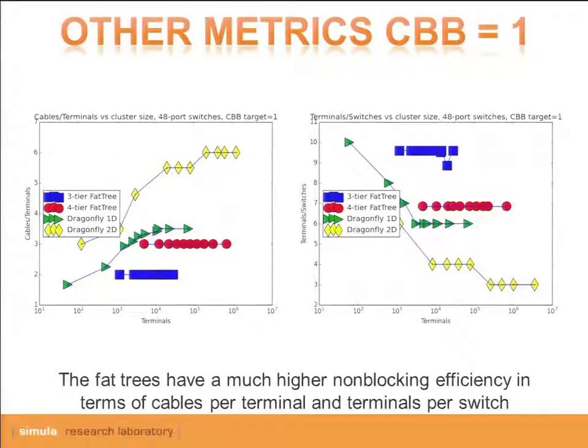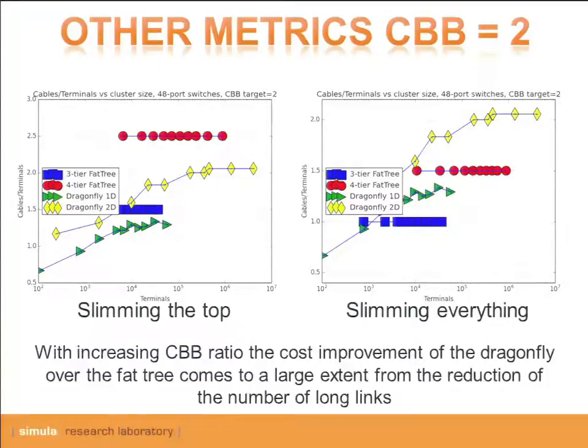But what you can use this for on the next slide is to figure out what makes the Dragonfly cheaper. The reduction in cables per terminal when we go to CBB 2 for the Dragonfly is larger than the reduction in cost, which means that going from CBB 1 to CBB 2 for the Dragonfly has a larger impact on the short links than on the long links, which is interesting since it's the long links they want to optimize.